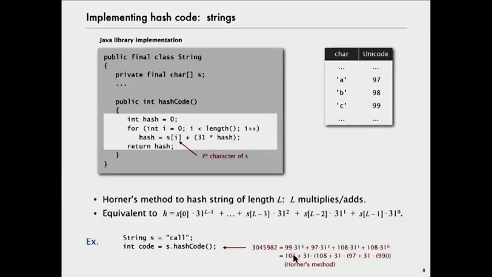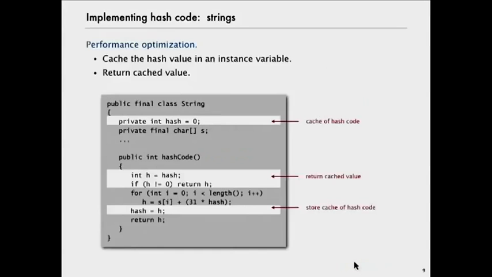If you're familiar with it, fine. If you're not, you can look at this little example and decide what it is. Again, it involves all the characters of the string in computing the hash function.